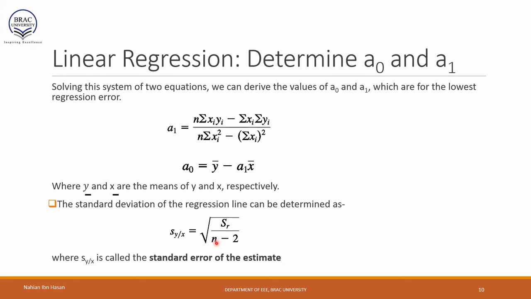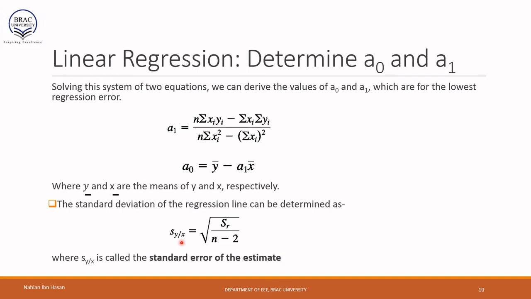Here, SR is the summation over all of the error square terms, divided by n minus 2, where n is the number of data points. This is known as the standard error of the estimate. SYX should be minimized, because we want to minimize this SR term.